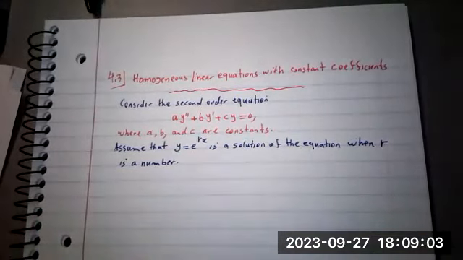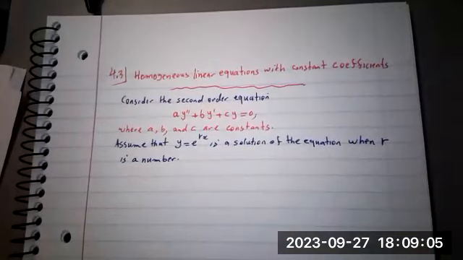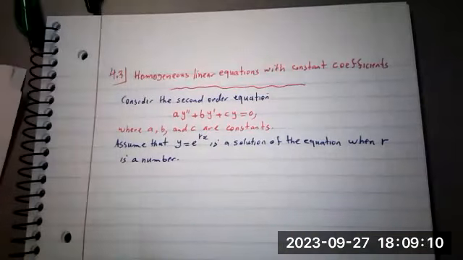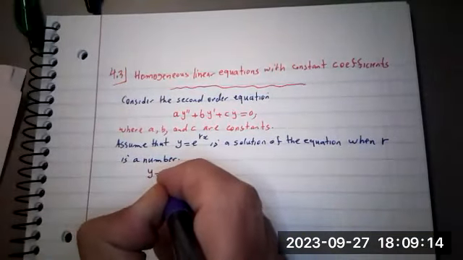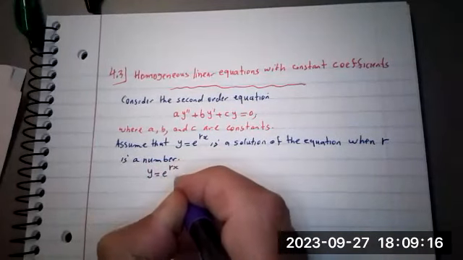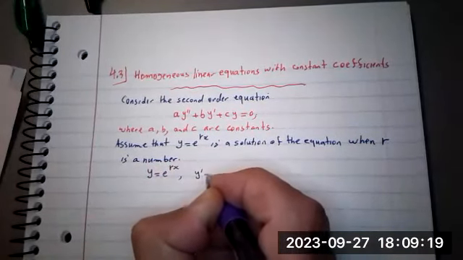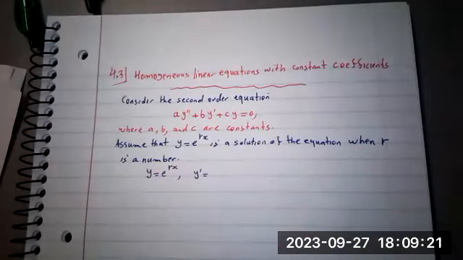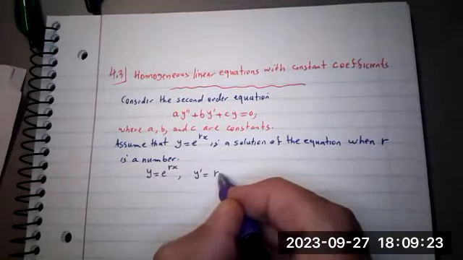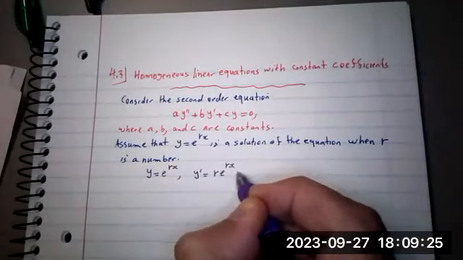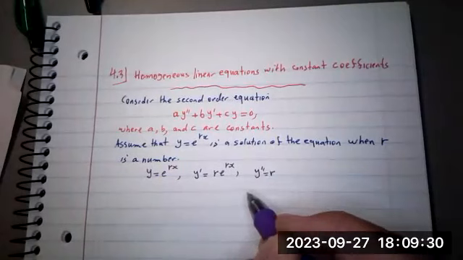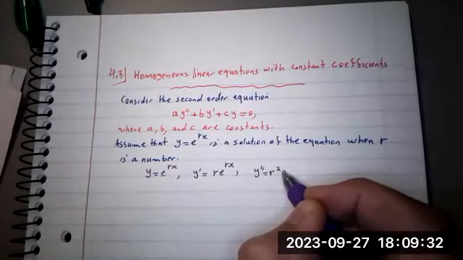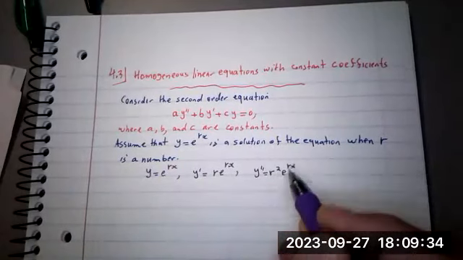If this is a solution, it must satisfy the equation, so find the derivative. The function is y equal to e to the rx. The first derivative: the exponential function never changes, you multiply by u prime, so it's r e to the rx. And the second derivative would be r squared e to the rx.